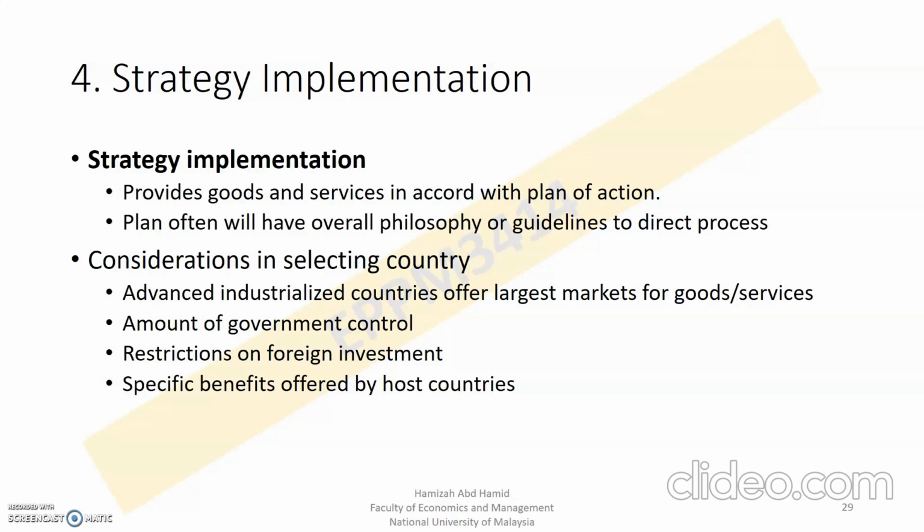For instance, advanced industrial countries offer the largest markets for goods and services. You also may want to consider the amount of government control. For some countries, some industries are rather protected. For Malaysia, the car production industry is rather protected. Also, you may want to see restrictions on foreign investment and specific benefits offered by the host country.